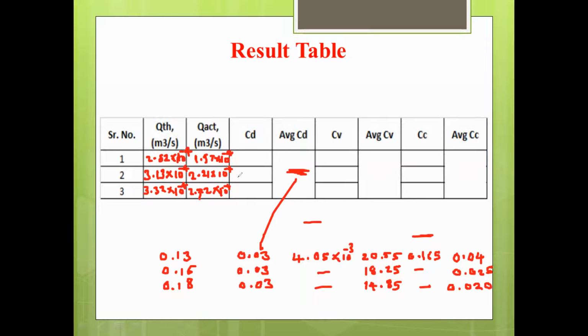Now let us find out the CD. What is CD? CD is nothing but actual divided by theoretical. So 1.97 divided by 2.82, for the first discharge.